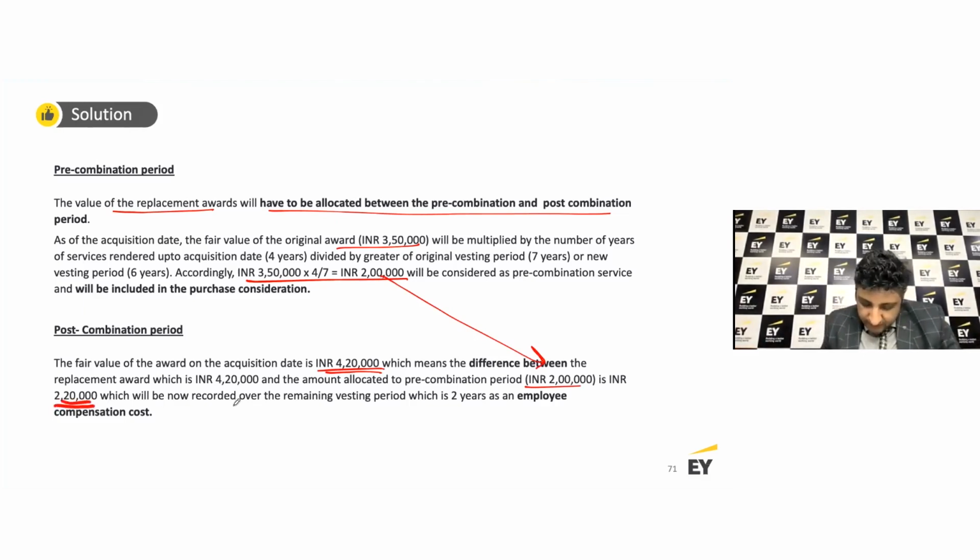This 2,20,000 rupees will be charged as a cost in the books of the group as an employee cost, right? Under the share-based payments framework, it would be calculated on that basis. Okay, this is an important aspect. As a concept, we should be very, very comfortable about it. Yeah, you can expect a portion of this coming in the full-fledged question of consolidation as well.